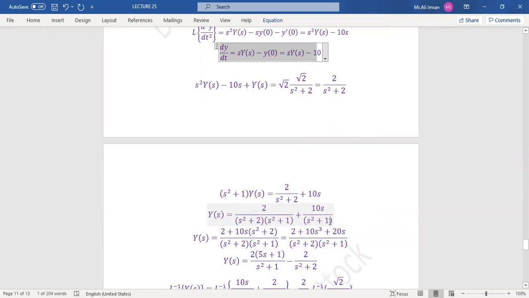Here again we cannot find its inverse Laplace transform directly. We will simplify this with the help of partial fractions, and if we simplify this with the help of partial fractions, we have Y of s is equal to 2 into 5s plus 1 divided by s square plus 1 minus 2 divided by s square plus 2.